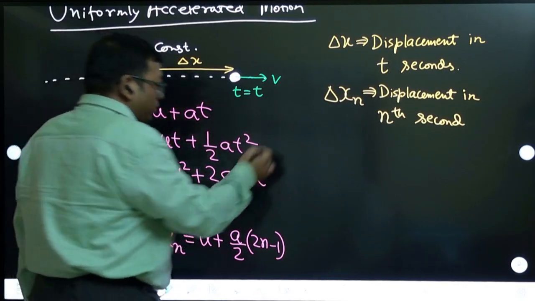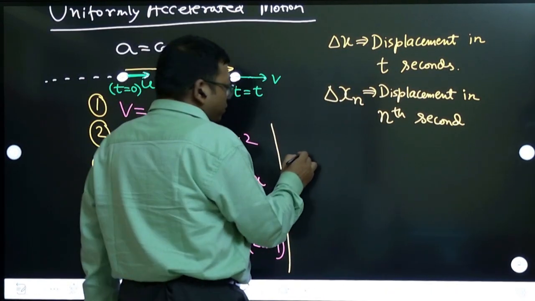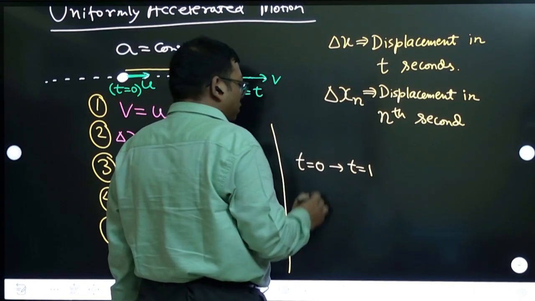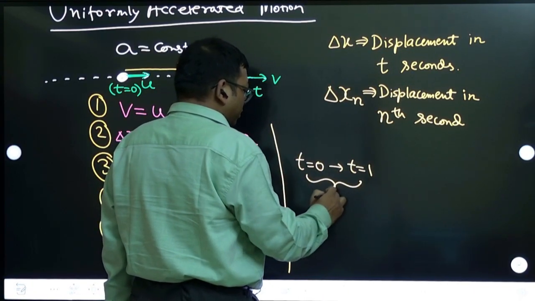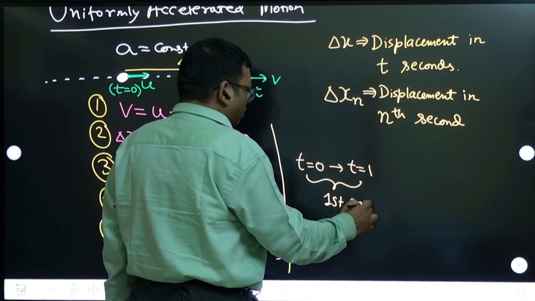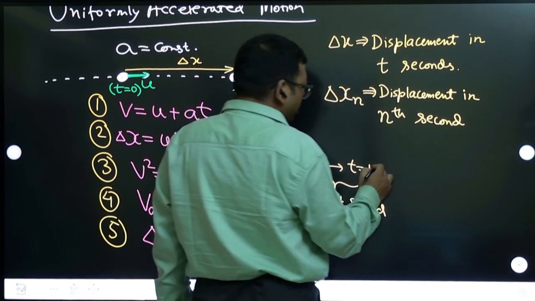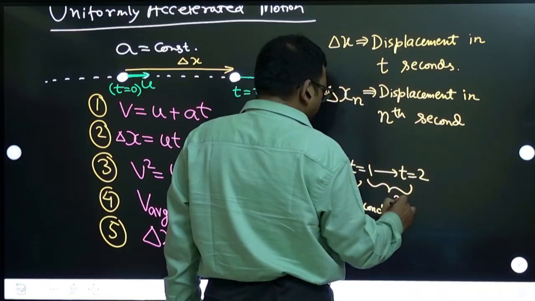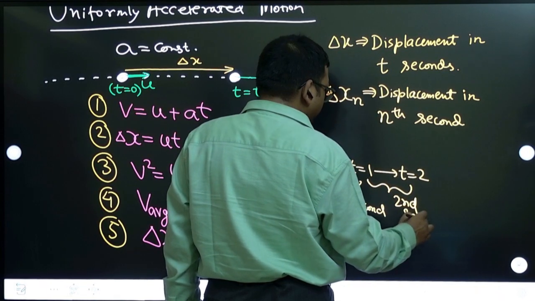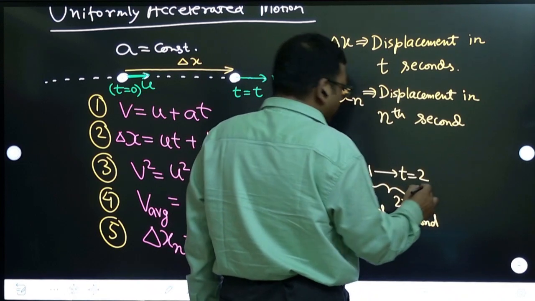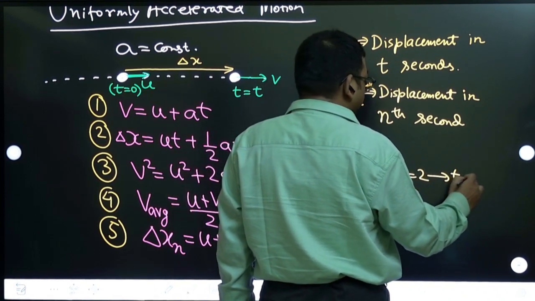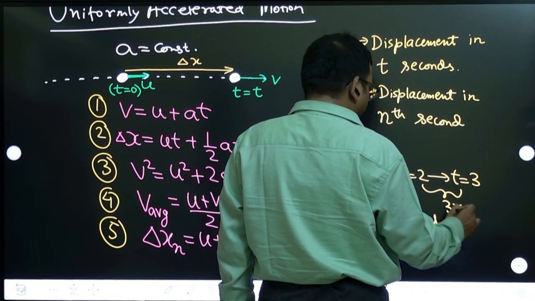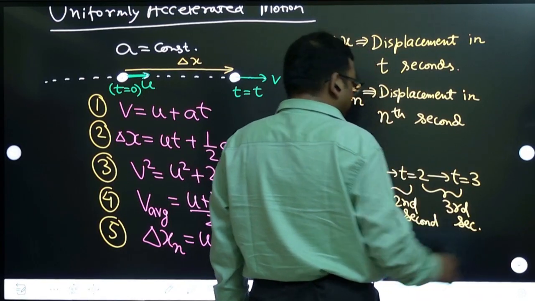For example, suppose if you take time 0 to time 1, this is called first second. If you take time 1 to time 2, this is called second second. If you take time 2 to time 3, this interval is called third second, like that.